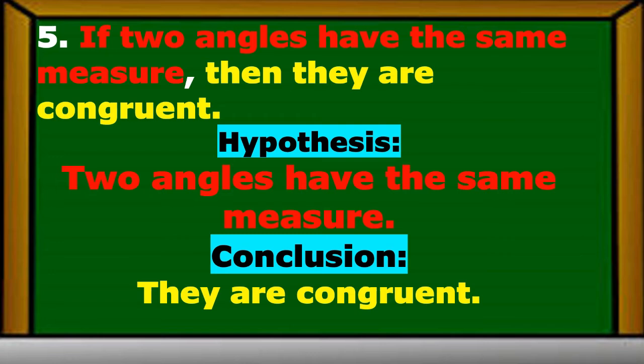The hypothesis for this conditional is two angles have the same measure, while the conclusion is they are congruent.